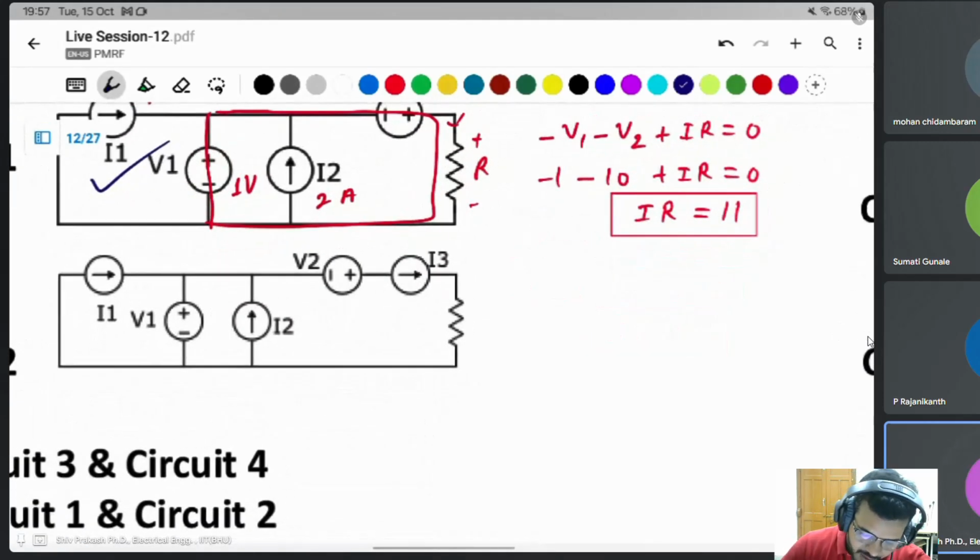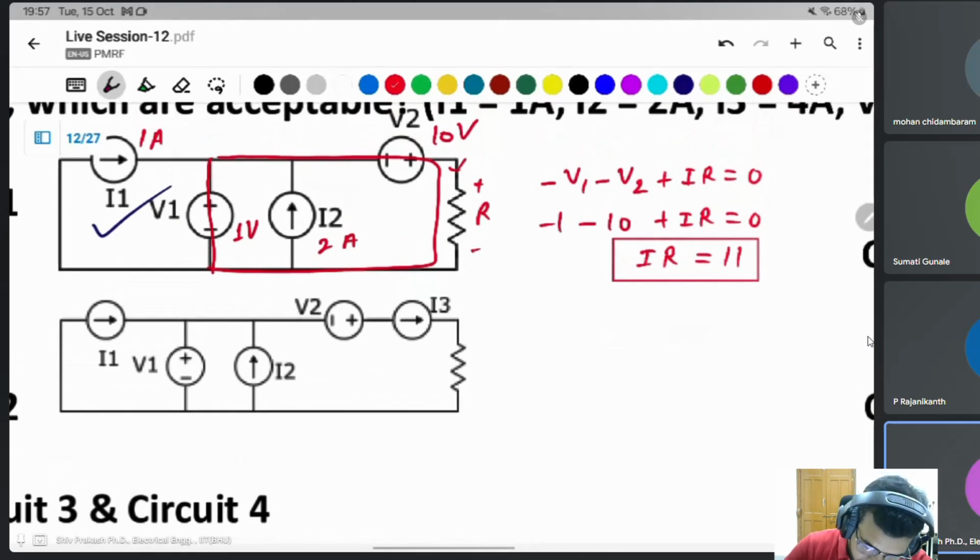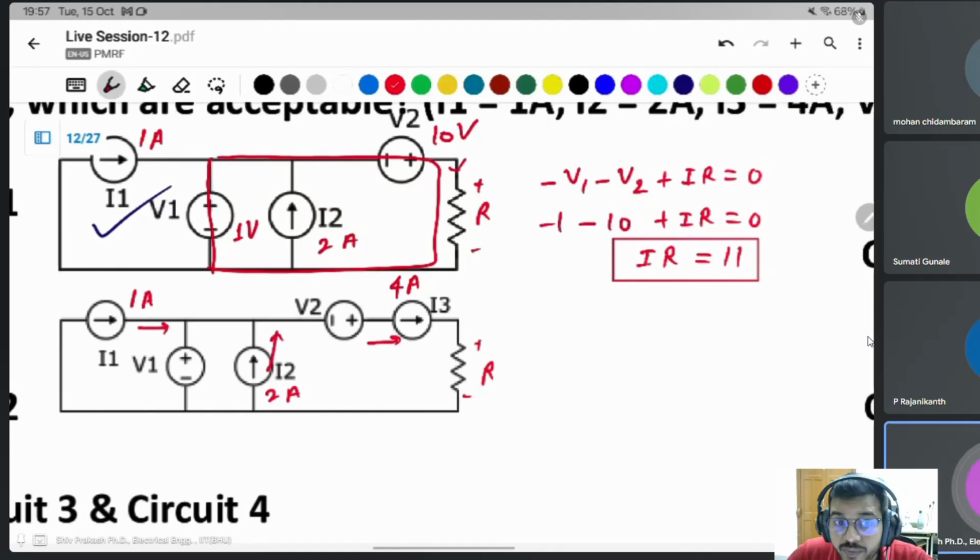Next case, I1, I2, I3 are all given. I1 is 1 ampere, I2 is 2 ampere, I3 is 4 ampere, then V1, V2, and this will be a resistance. Then what happened? There is 1 ampere current flowing, 2 ampere, and 4 ampere current. Then how will it be possible?